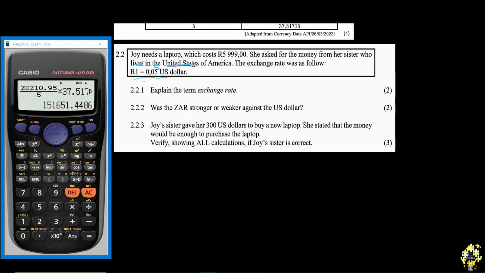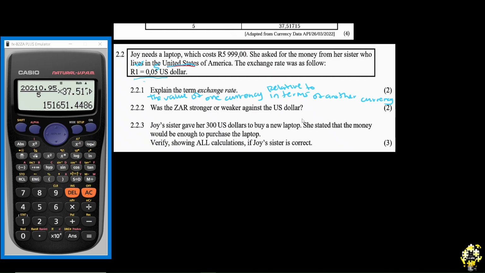So exchange rate, like I said, it's the value of one currency in terms of another currency, or someone can say it's the value of one currency relative to another currency. It's still the same thing.